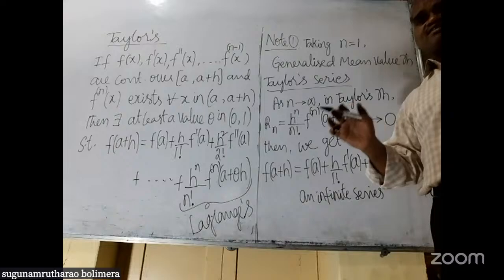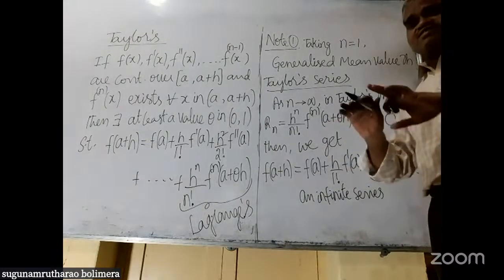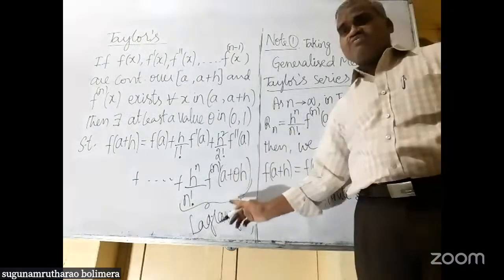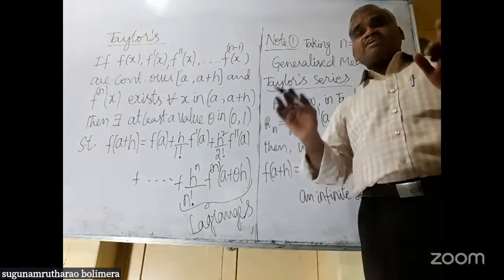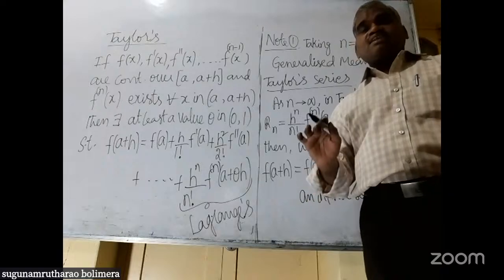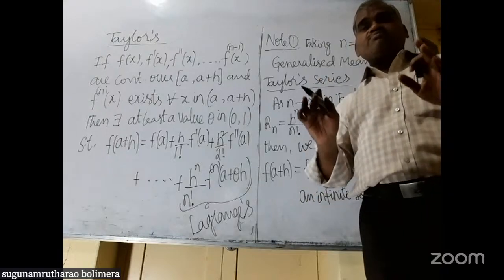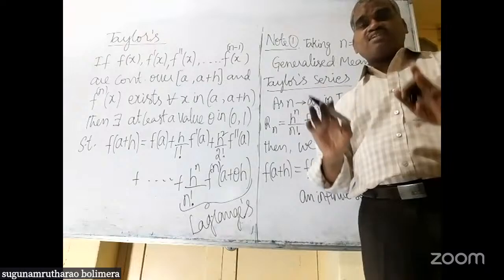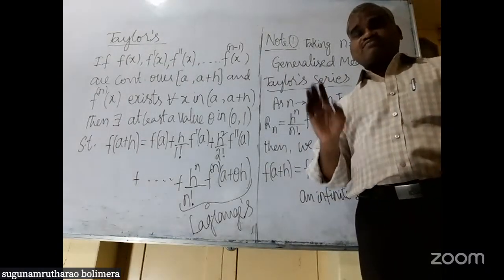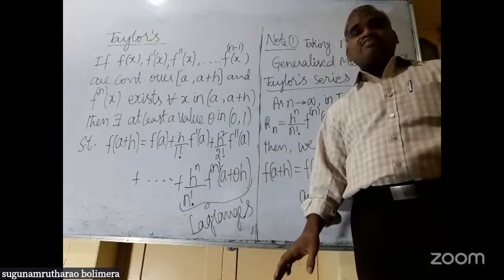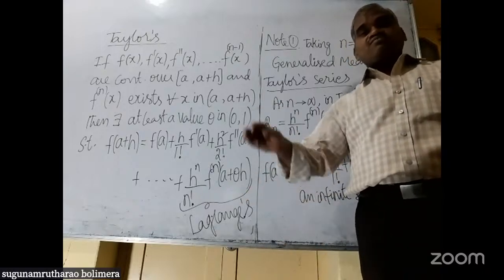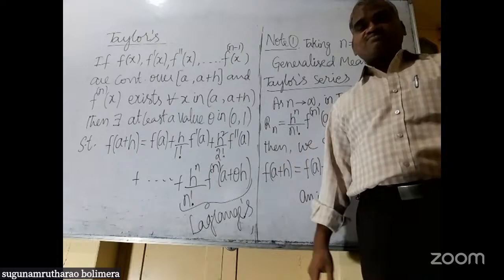I said that equal to zero means it is fixed, you will be getting only a finite series. But Taylor series is not finite, it is an infinite series. Like every human being on this earth has to think that their life is infinite. If you don't think that your life is infinite, you will stop doing the work from that day onwards.